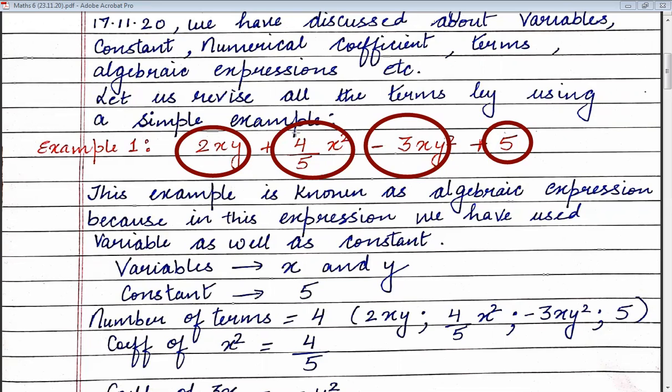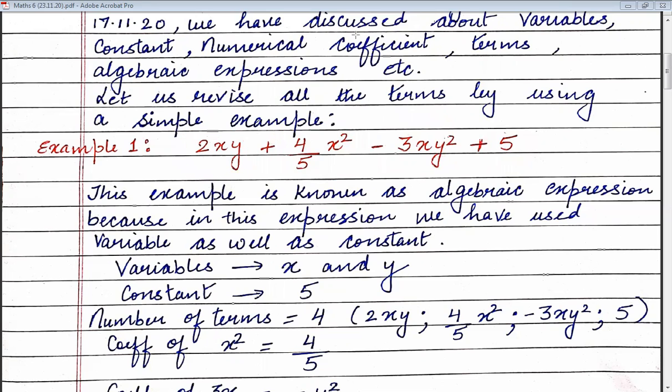The second term is 4 upon 5x square. The third term is minus 3xy square. And the fourth term is 5. So there are 4 terms in this expression.